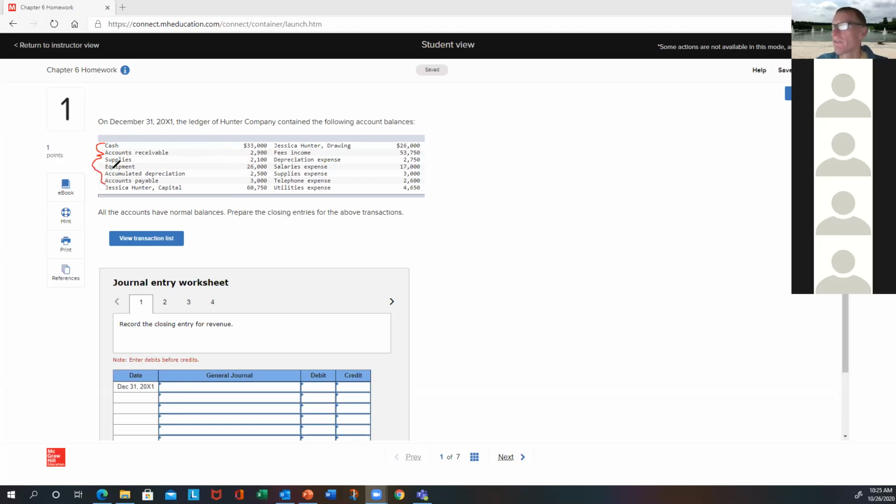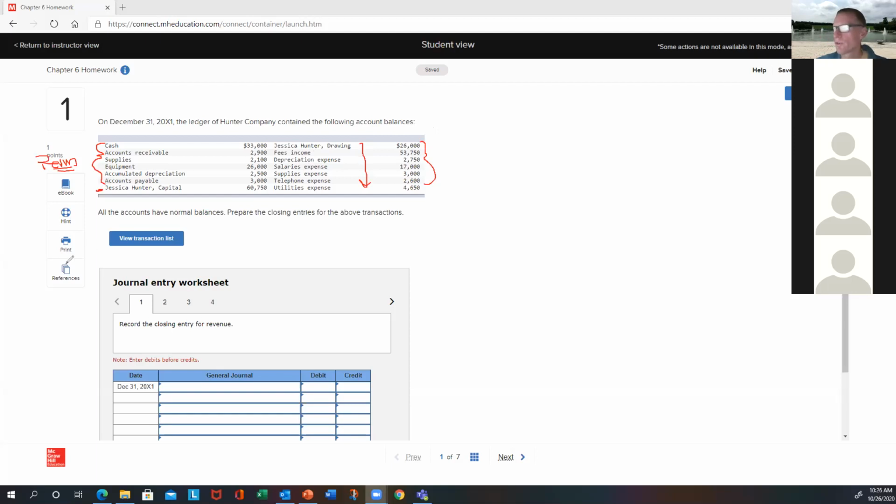Literally everything in these first accounts, cash, AR, supplies, equipment, accumulated depreciation, accounts payable, those are all your permanent accounts. So we're not going to be even touching those in this chapter. We're going to be working with everything else. The capital, we're going to be updating. And then everything over here from the drawing down to all the expenses, those are all your temporary accounts, because those are your revenues, expenses, and the drawing. Those are going to be the accounts we're going to be working.